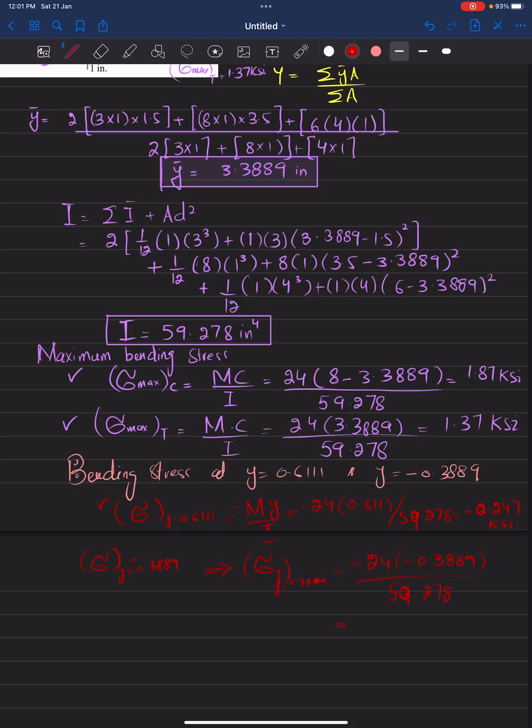So you will get 0.157 ksi. This is positive, so it means that this is in tension. You have to remember minus 0.247 and plus this one.